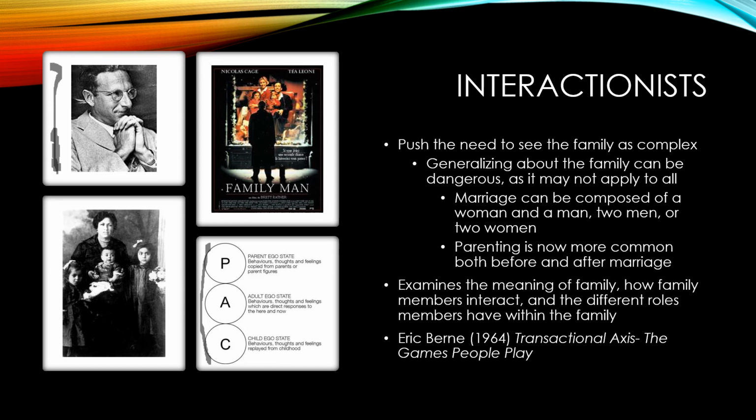We think about the methods of observation that you might have done growing up, or if you think about Albert Bandura and his social learning theory, that would be part of the parent ego state. When you move into the adult ego state, your behaviors, thoughts, and feelings are going to be direct responses to the here and now. So basically a very present time.